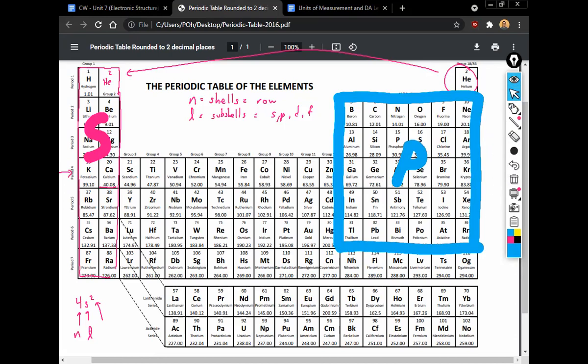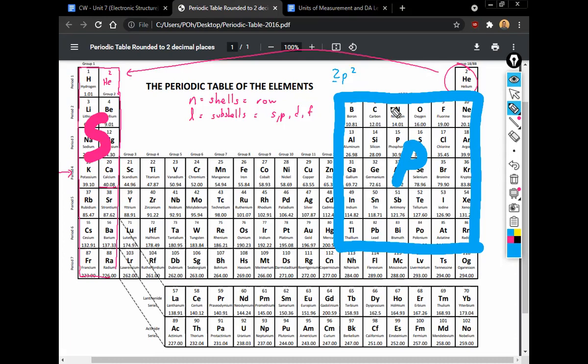Okay, so if we look back at carbon, we said that carbon was 2p2, right? That was the last one, which makes sense because carbon is in the 2nd row. So it's in the 2nd shell. It's in this P subshell, and then it's the 2nd box in the P subshell, which is why it's 2p2.